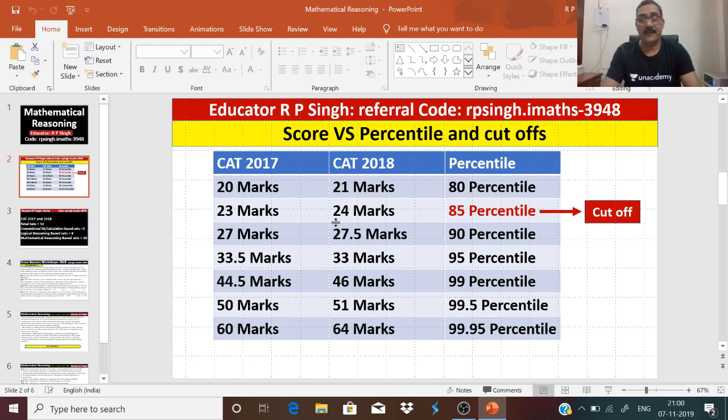It means hardly 8 right questions will be sufficient to clear your cutoff. But to get into IIM, you need to score a minimum of 35-36 marks in the DILR section, meaning a minimum of 12 right questions.